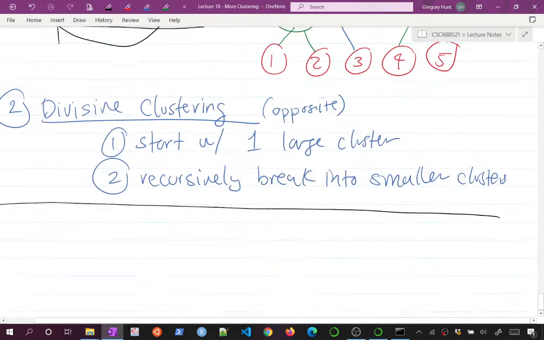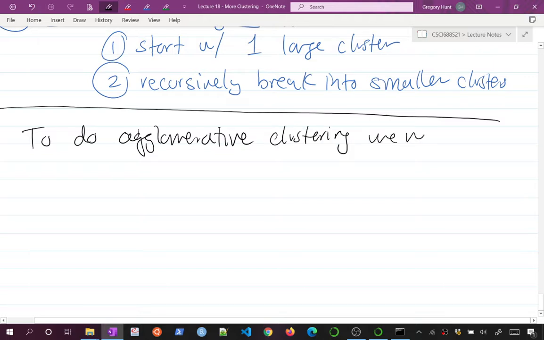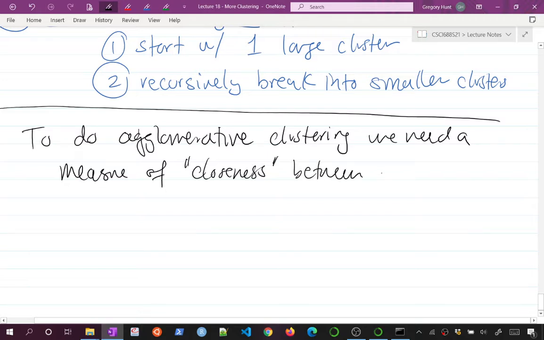So let's write that down. You love the words people come up with. To do agglomerative clustering, we need a measure of, quote, closeness between clusters.